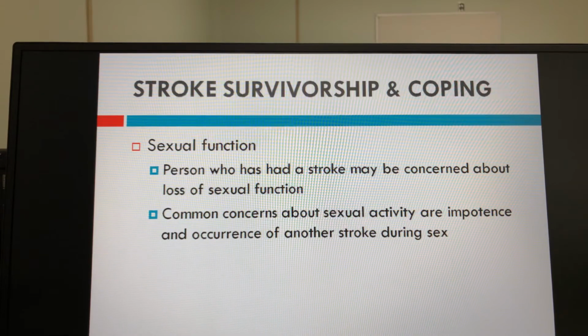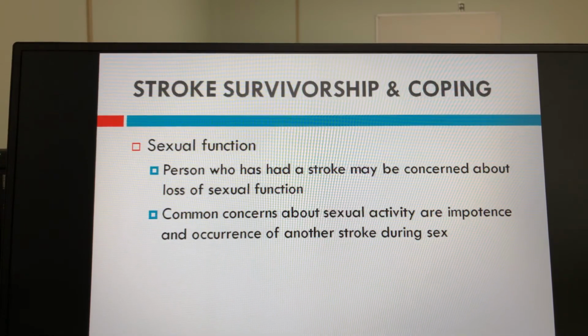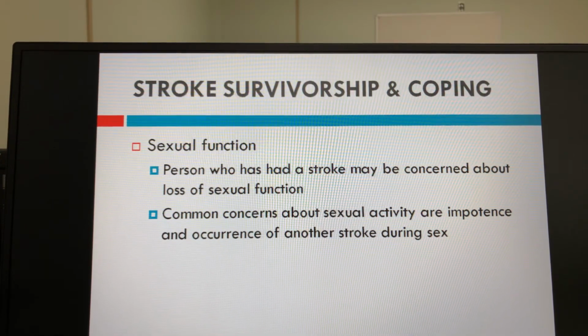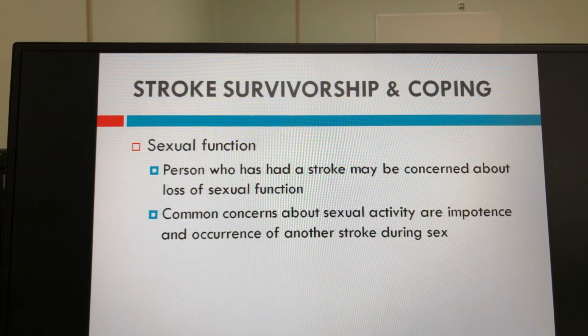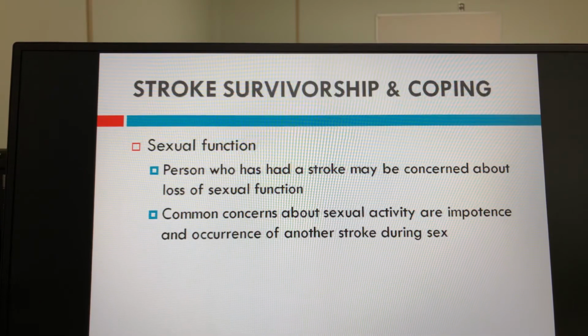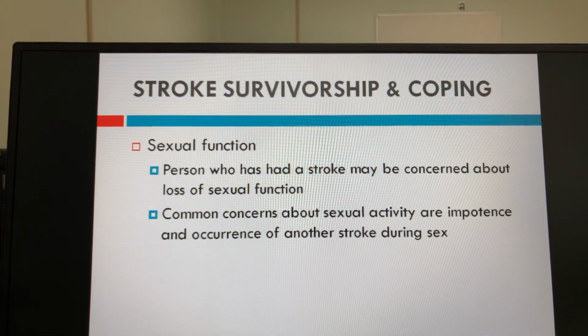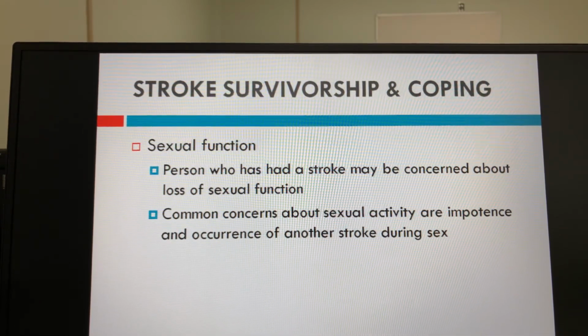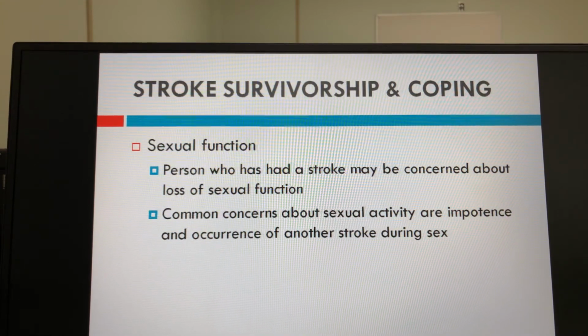Before I go into the sexual function, we have to assist with the coping process. We have to support communication between the patient and family, discuss lifestyle changes from the deficits that they have, and discuss changing roles and responsibilities within the family.